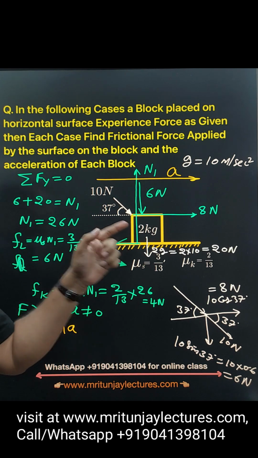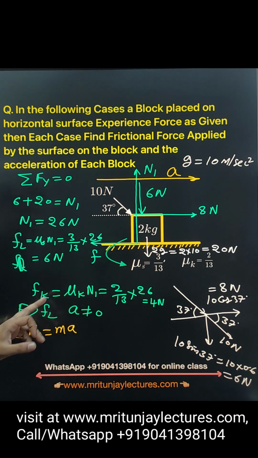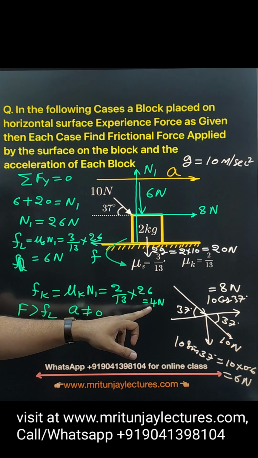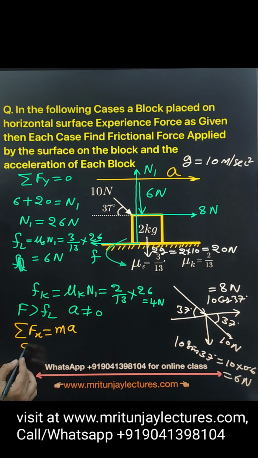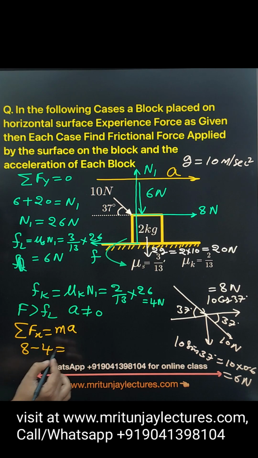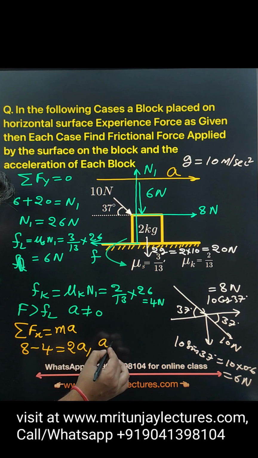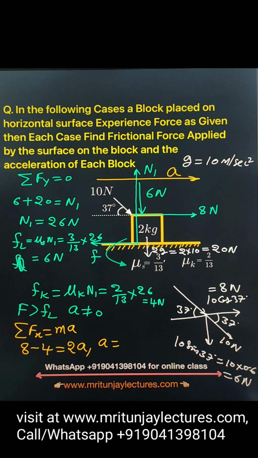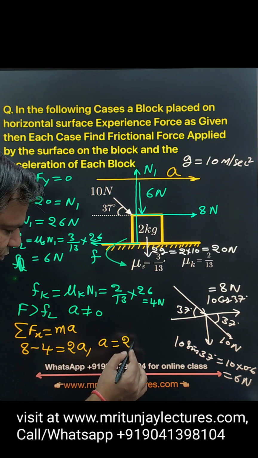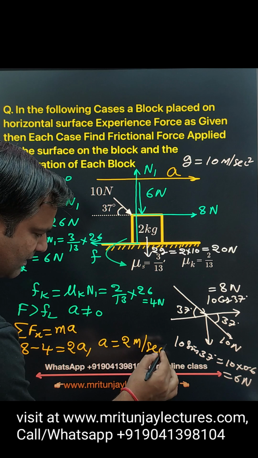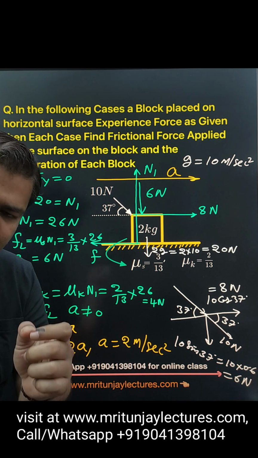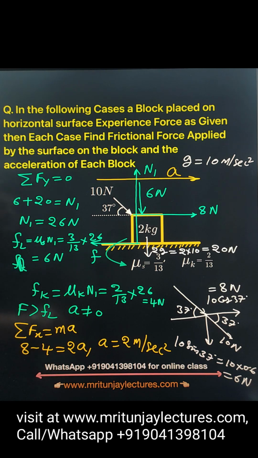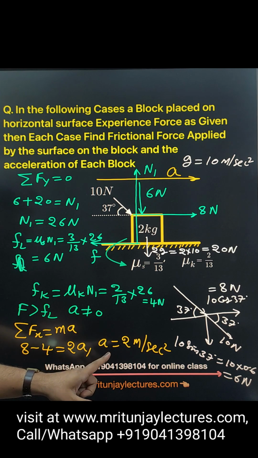But during motion, which frictional force acts? Kinetic frictional force acts. Kinetic frictional force is 4 Newton. So 8 minus 4 is equal to mass 2 into acceleration A. So what about A? 4 divided by 2, that is 2 meter per second square. So acceleration is 2 meter per second square.